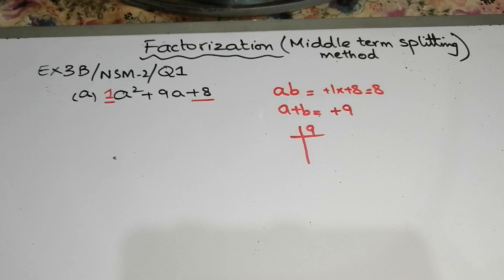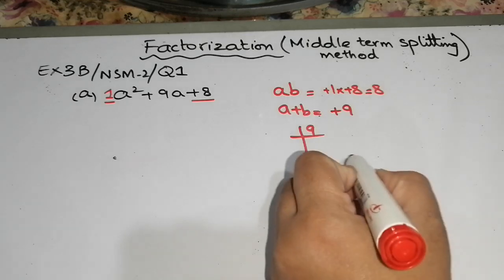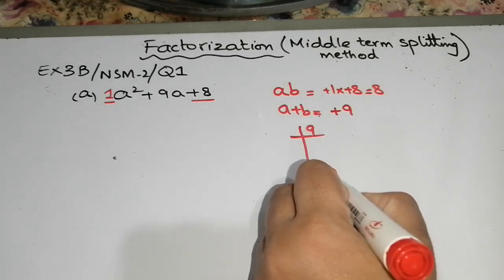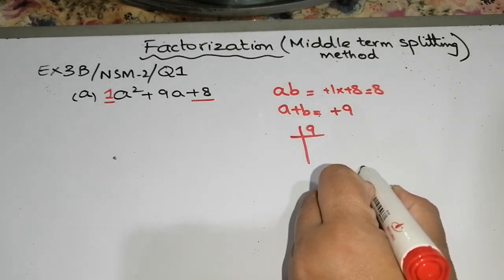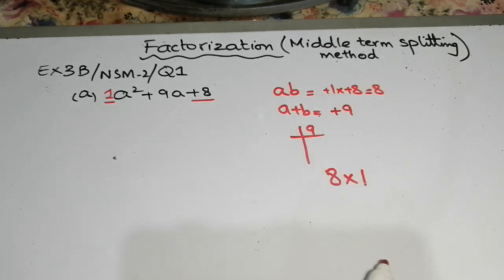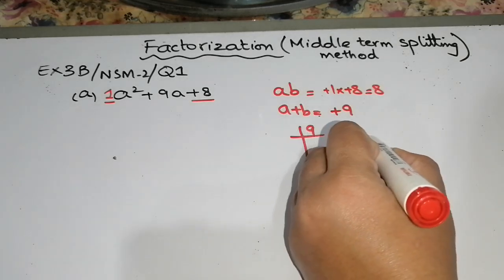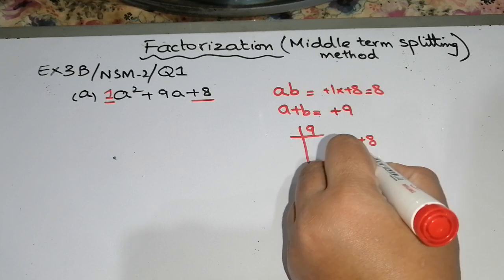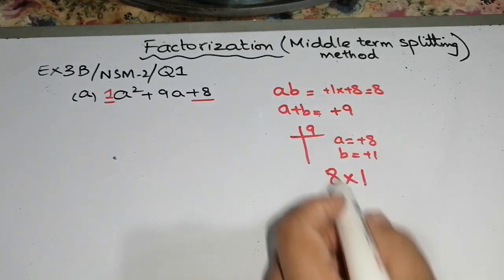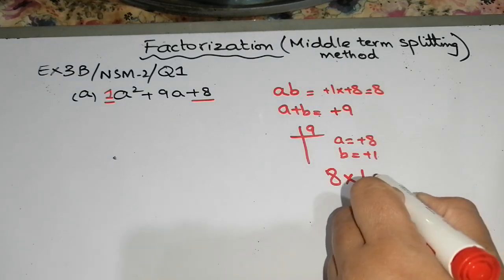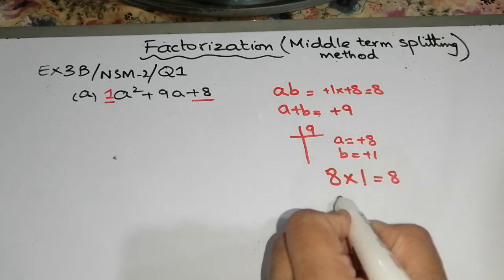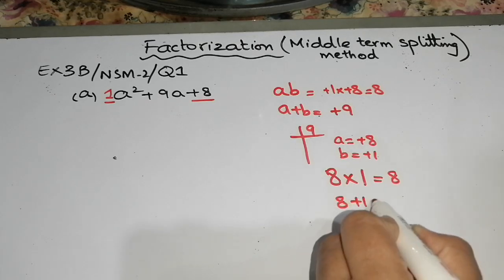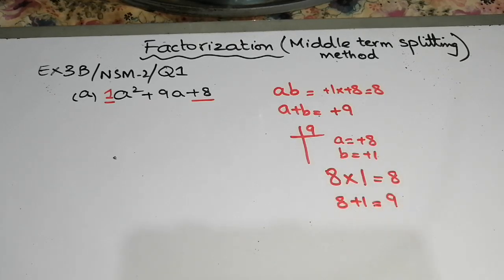While looking at 9, it is very clear that I can split this 9 into 8 and 1, because if A is plus 8 and B is plus 1, if I multiply these two terms, I get 8. If I add them, I get 9. So this is the most suitable pair in which I can split it.